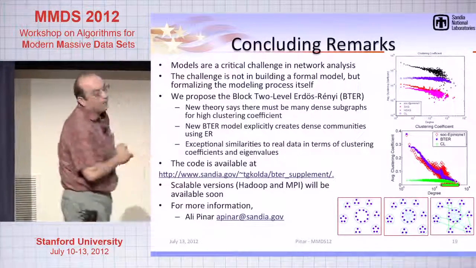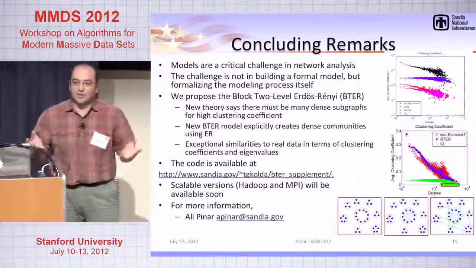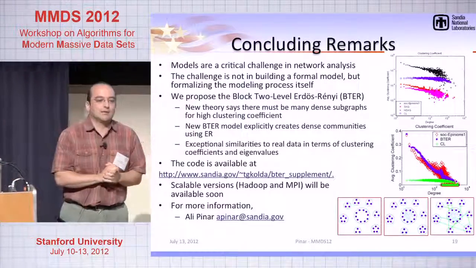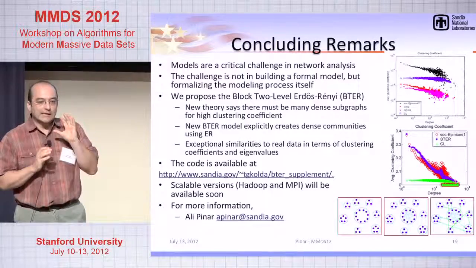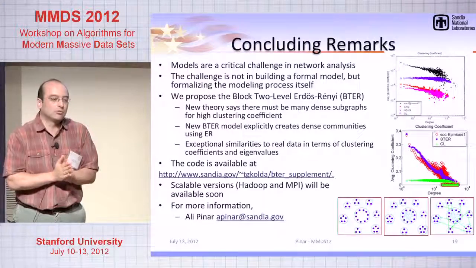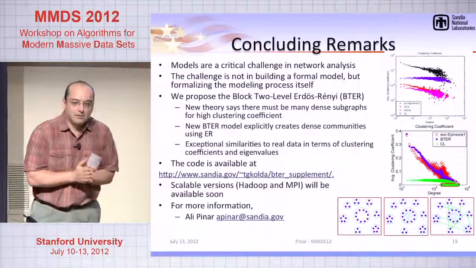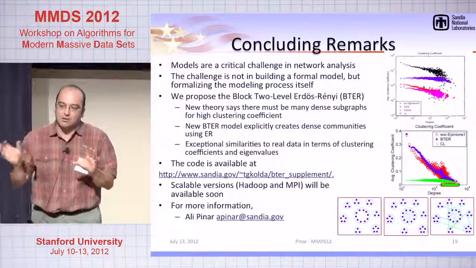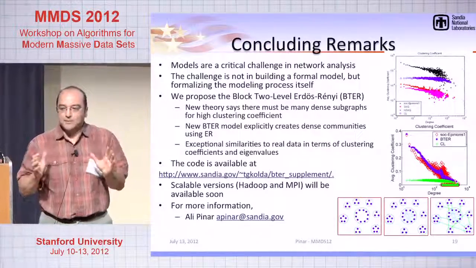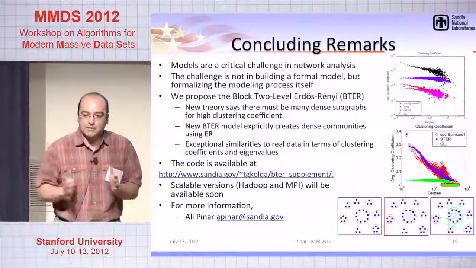And this makes the problem extremely hard. For this talk, I already described the model to you. And there are some theorems that underlie this model. We can prove that if you have skewed degree distributions and high clustering coefficients, you should have dense, Erdos-Renyi-like blocks in your matrices. And that's independent of how you implement our model.